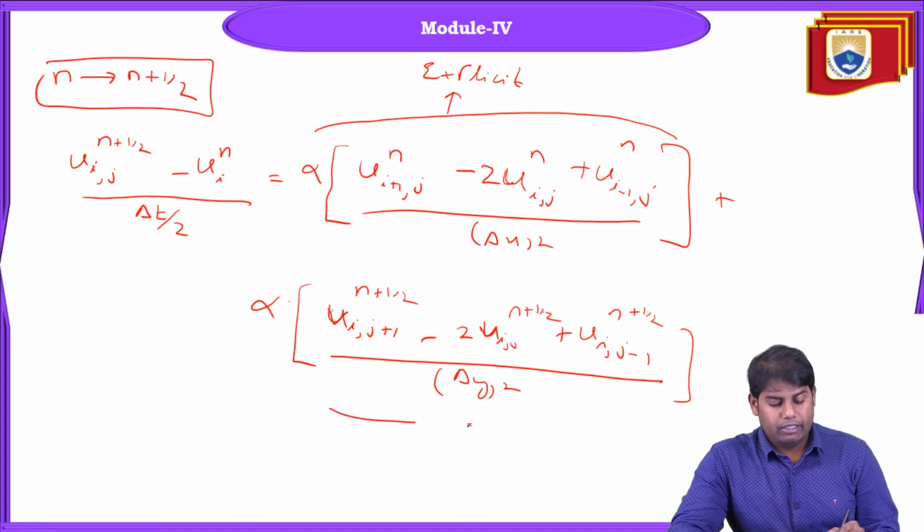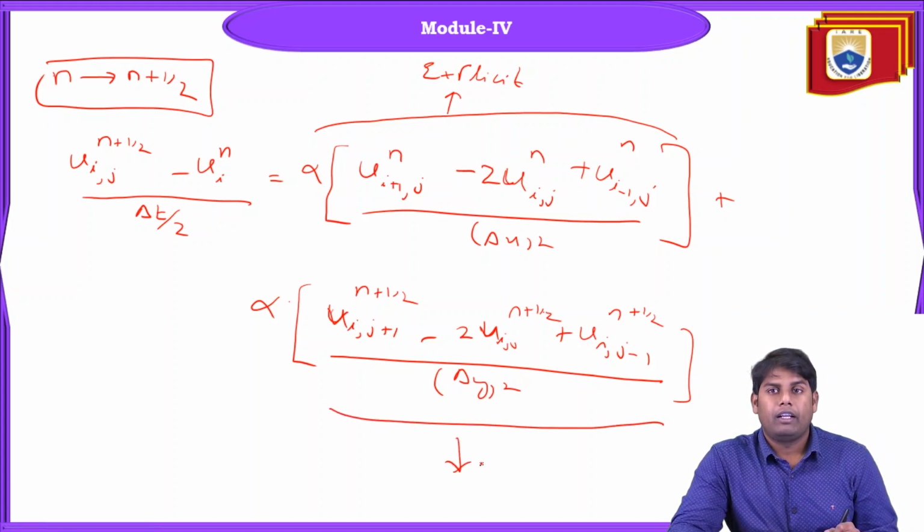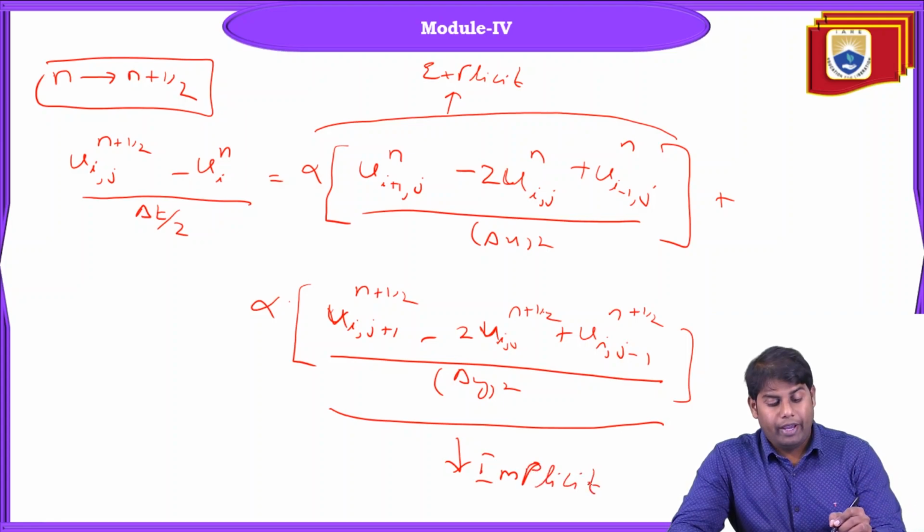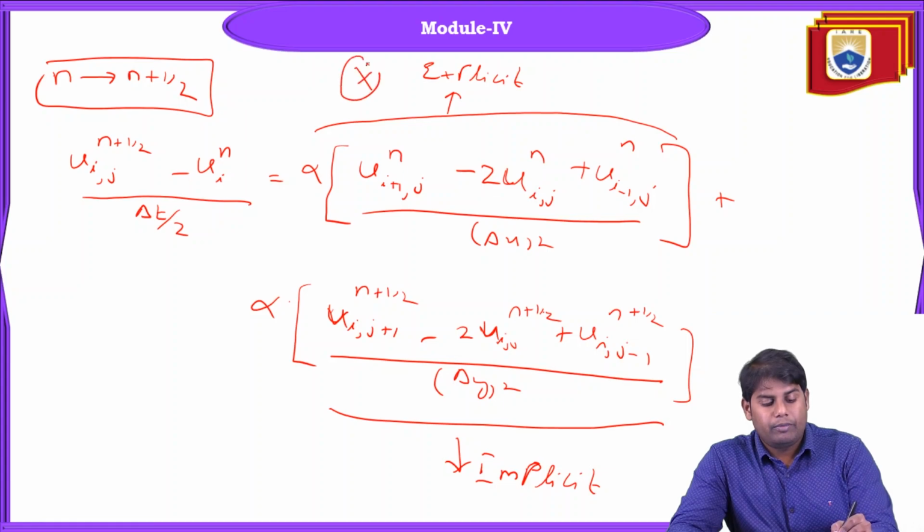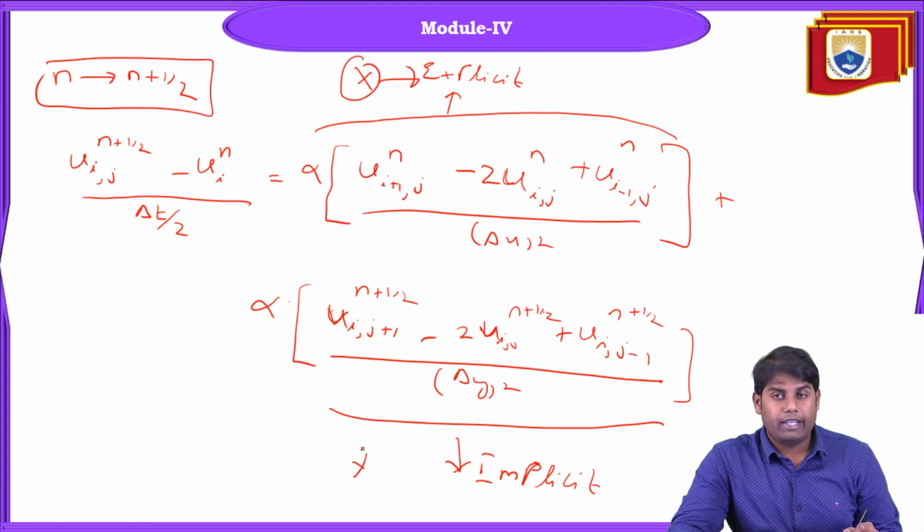So here this one is coming under implicit. So the x axis term is coming under explicit, and the y axis term is implicit.